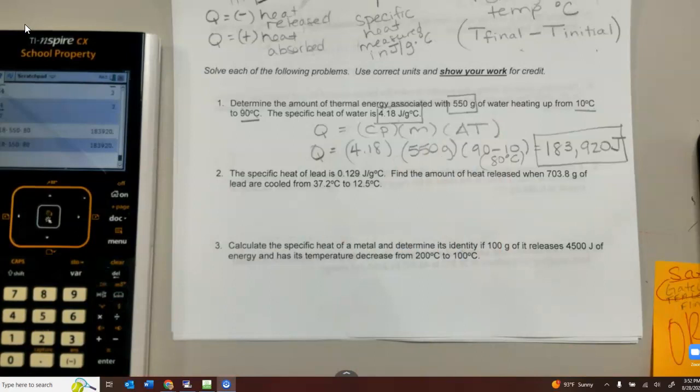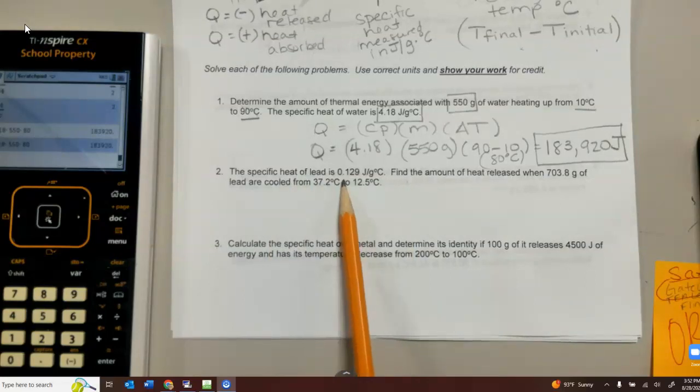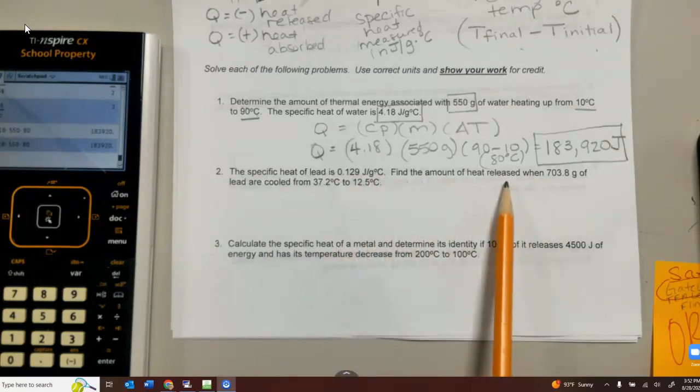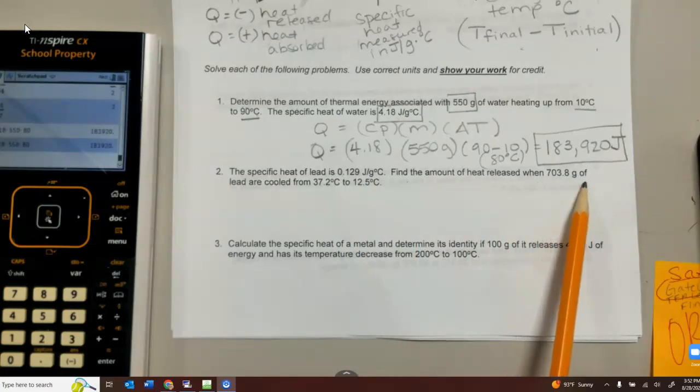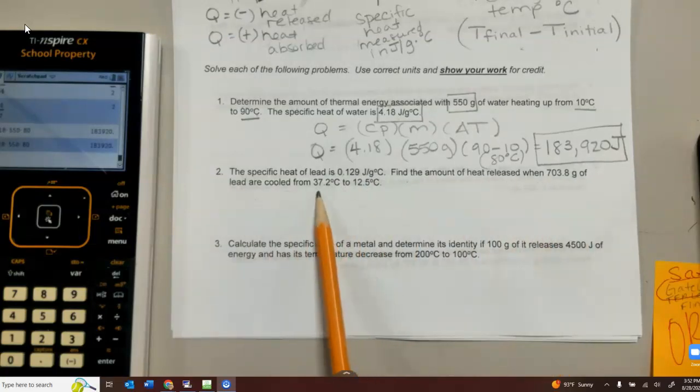Let's look at a different one though. It says the specific heat of lead is 0.129. Find the amount of heat energy released when 703.8 grams of lead are cooled from 37.2 to 12.5.